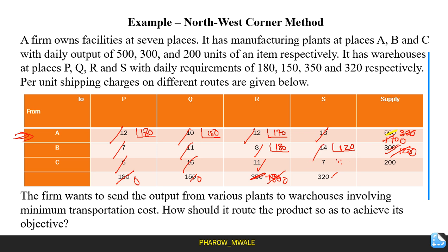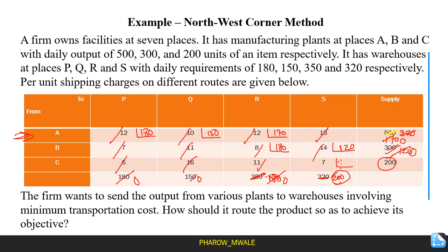Then we come to the remaining one, which is this cell here, cell CS. Remember, once you locate your 120, you must subtract 120 from 320. So this will be a 200. And as you can see, the remaining values, when locating, must be the same for the northwest corner.